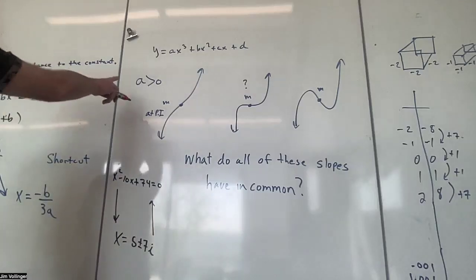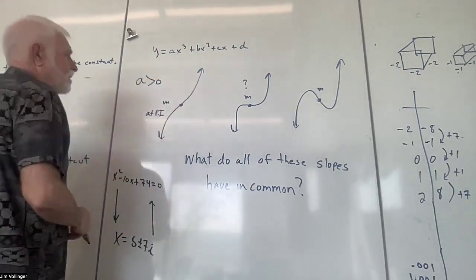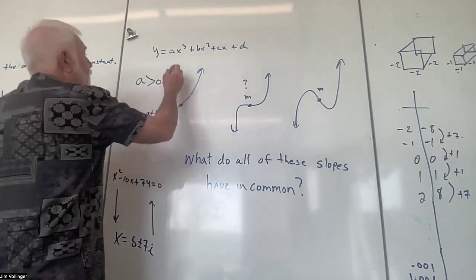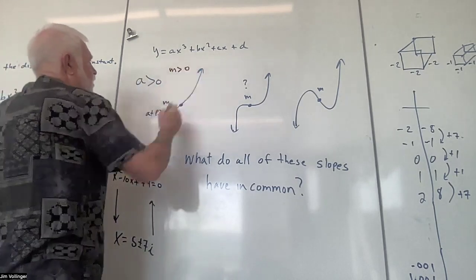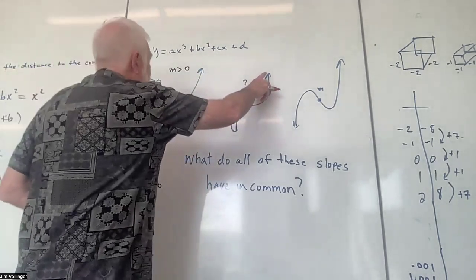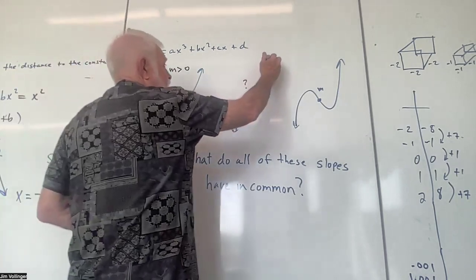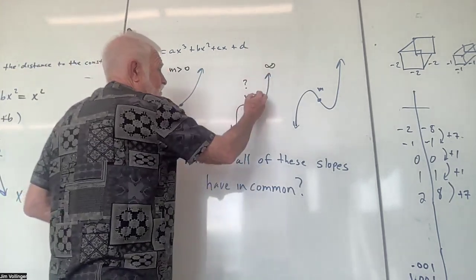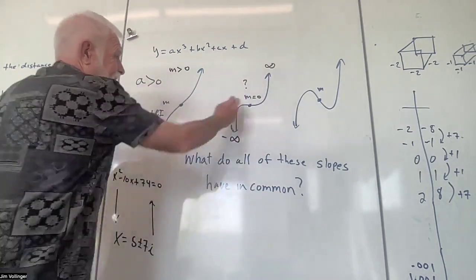So if a is greater than 0, we have a cubic that looks like that when a is bigger than 0 and m is greater than 0. I should have put that there. Okay. If a is greater than 0, then we've got end behavior going to infinity, end behavior going to negative infinity, and a slope of 0. Flat.